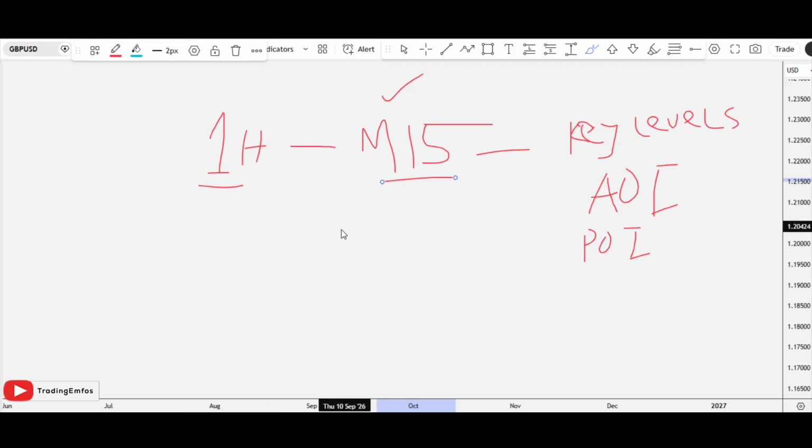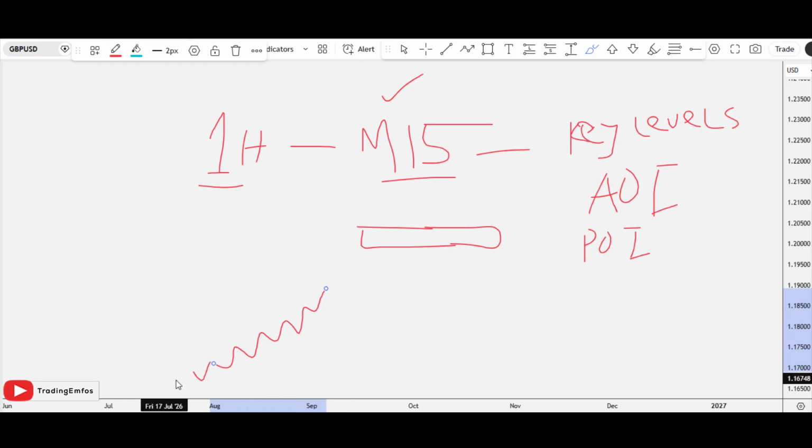Let's say your zone is here and price is still around this place, coming to your zone. Some traders will just jump and enter because they are seeing this move, fear of missing out. Meanwhile, their supply zone is here.